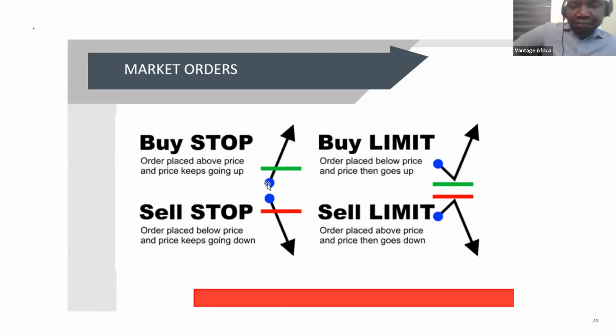Now notice something, guys. The difference between buy stop and buy limit is that for buy stop, you put the pending order at a point that's higher than current market price, while for buy limit, you put it at a price lower than current market price. Buy stop, higher than current market price; buy limit, lower than current market price.